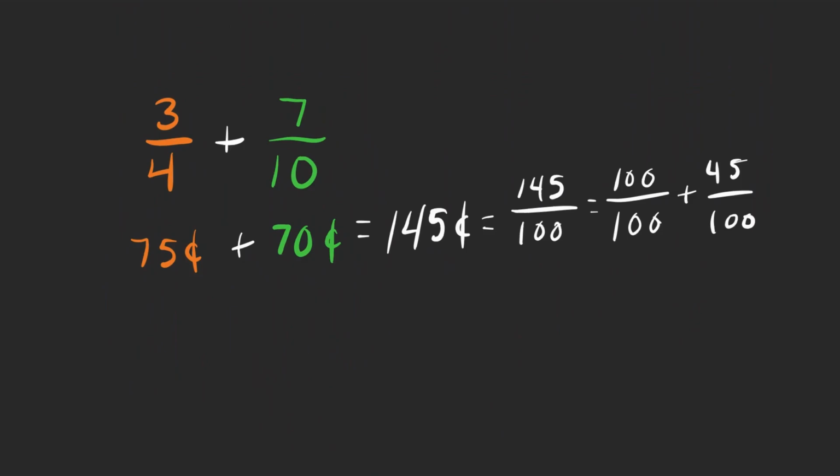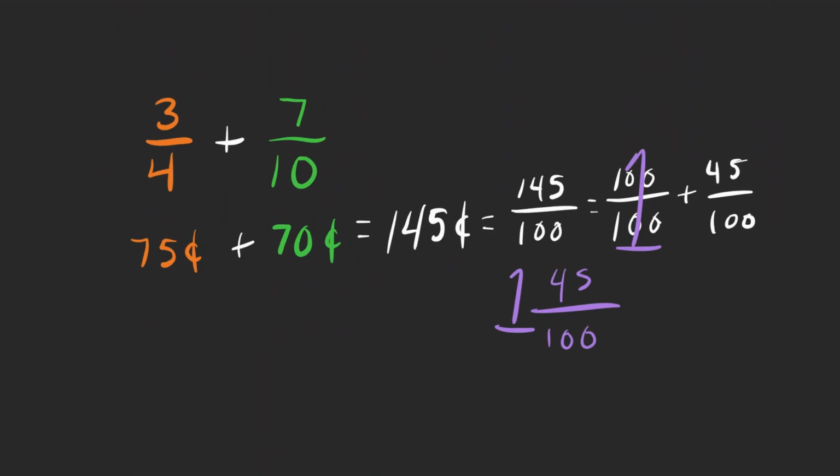And what you can see here is that the 100 hundredths, remember, whenever there's a numerator and a denominator that have the same number, that just makes a 1, because 100 divided by 100 is 1. So let me rewrite this. We have 1 and 45 hundredths. Now 45 hundredths can be reduced.